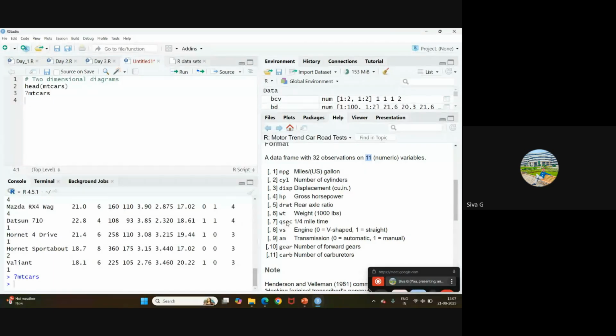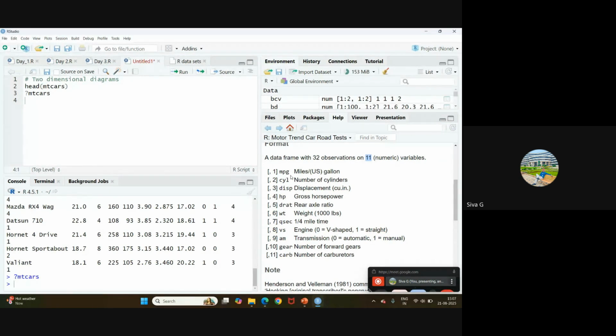These are the variables. mpg, miles per gallon. Because in our India, we are measuring kilometer wise, right? But in USA, they are measuring gallons. Their miles per gallon. Next, cyl, number of cylinders, disp, the car displacement.